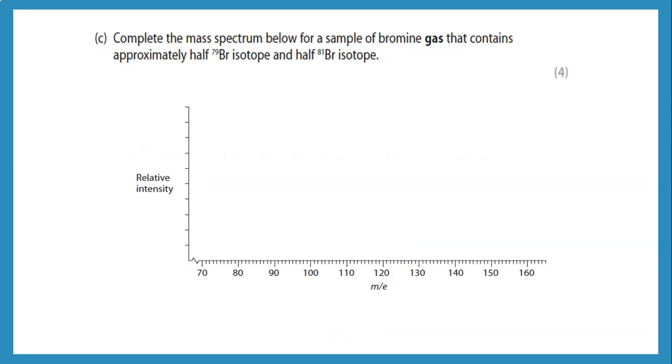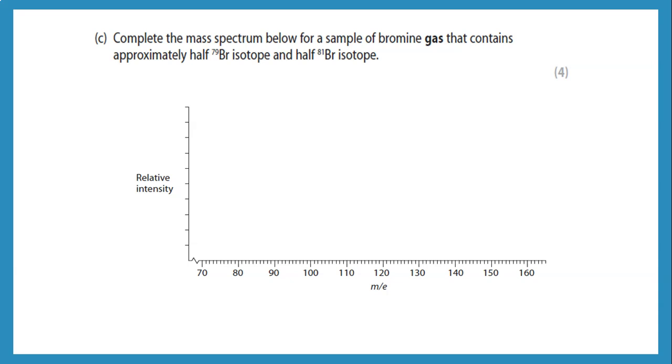Complete the mass spectrum below for a sample of bromine gas. Bromine gas means I have bromine molecules, Br2, that contain approximately half Br79 and the other half Br81.